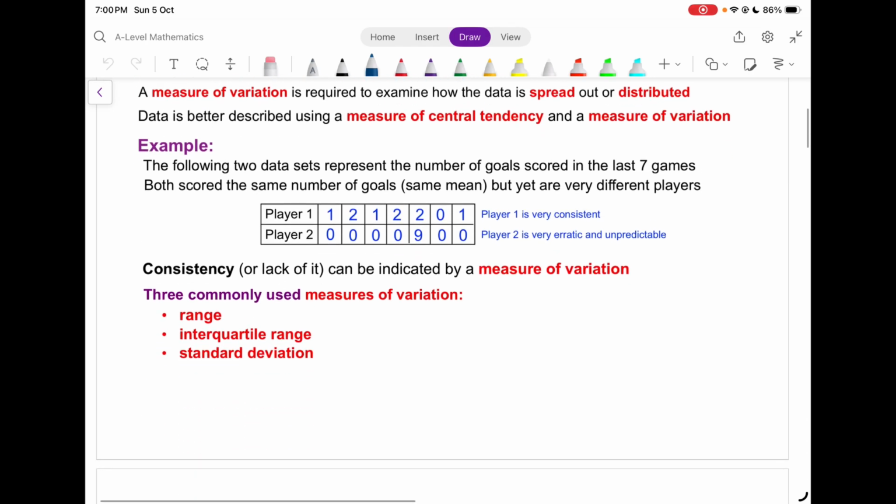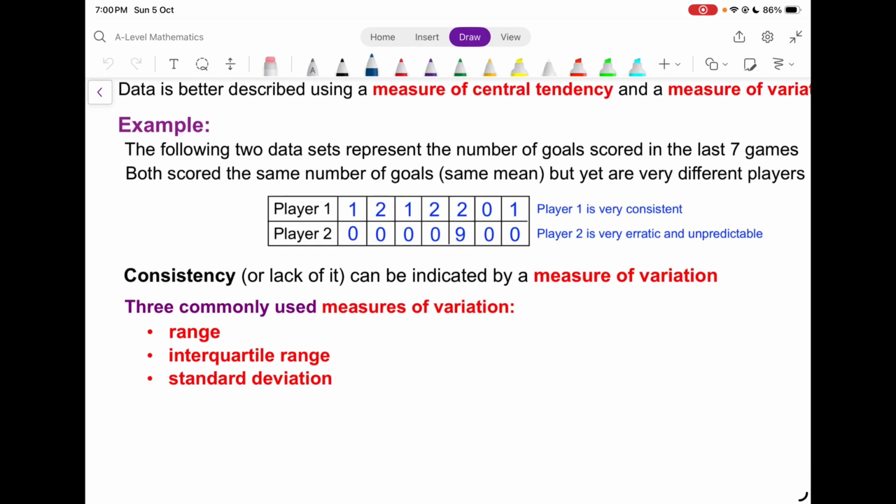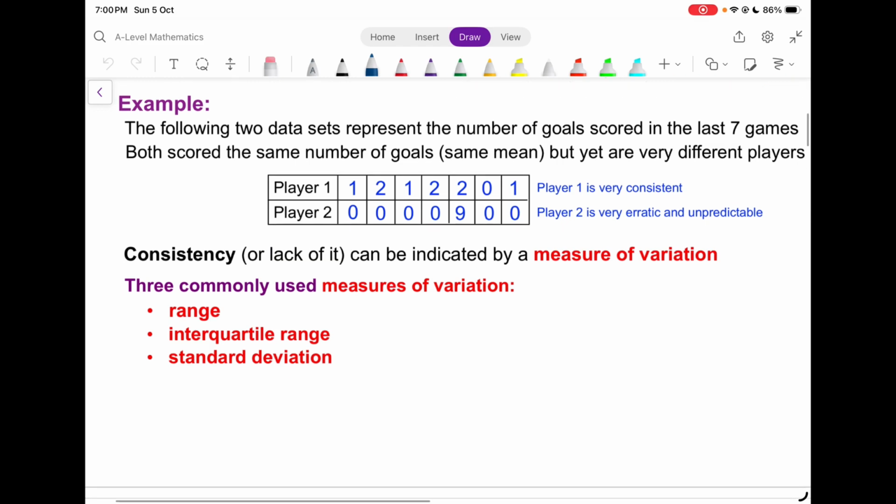It is actually according to our range, interquartile range, and our standard deviation, which we will be learning about in the next lecture, I think.